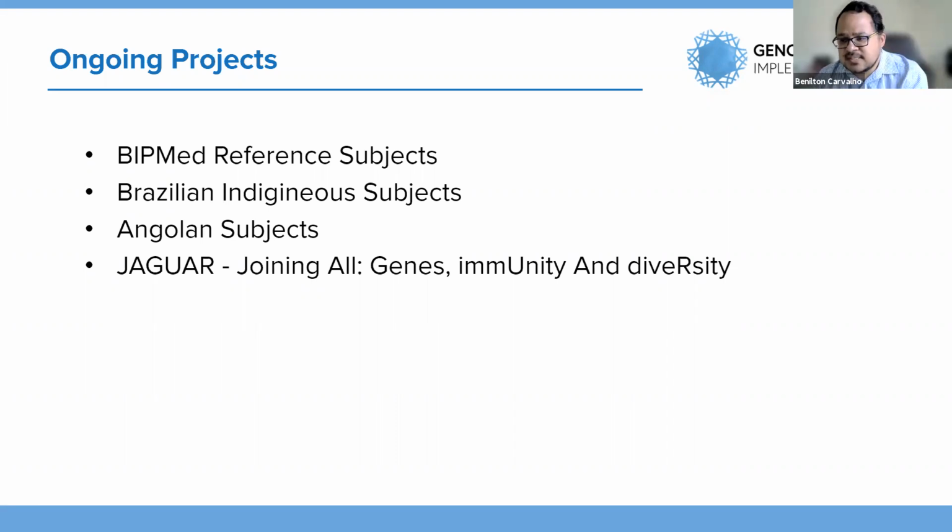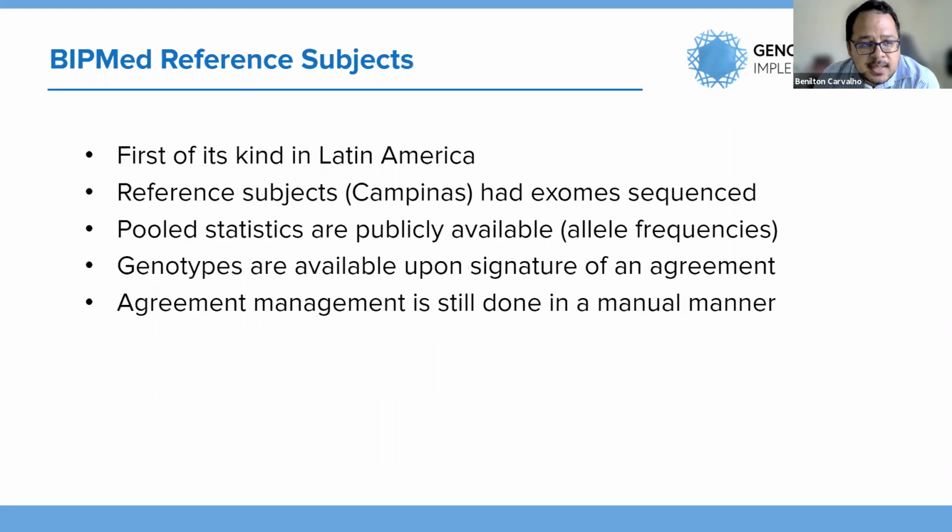The first one is the BIPMed samples that we've had for a while now. The second and third are a joint effort with Thais, where we are going to be looking at Brazilian indigenous subjects and Angolan subjects. And the last one is the Jaguar Project that we got funded just a few days ago.